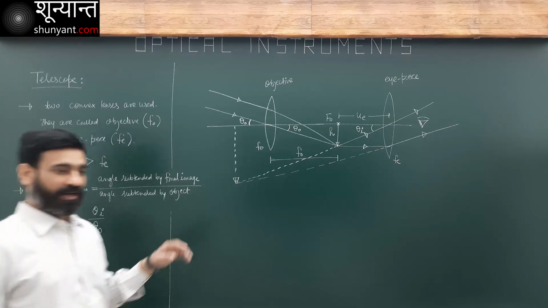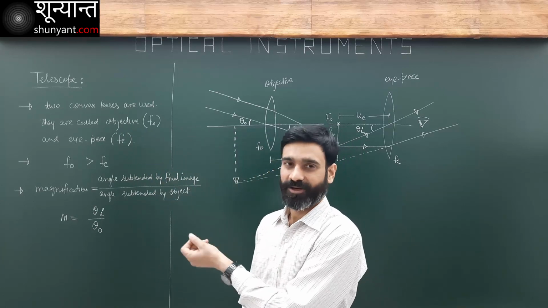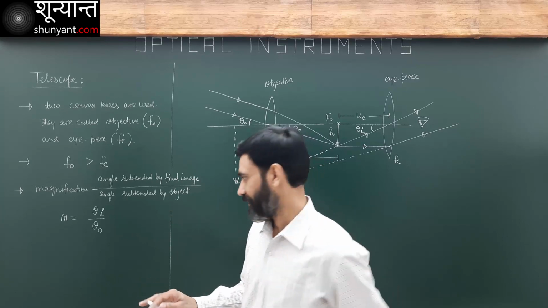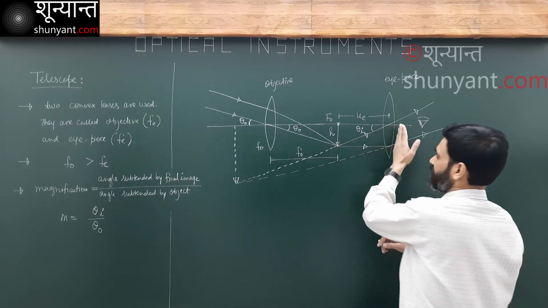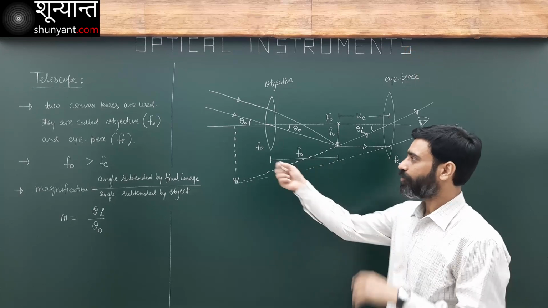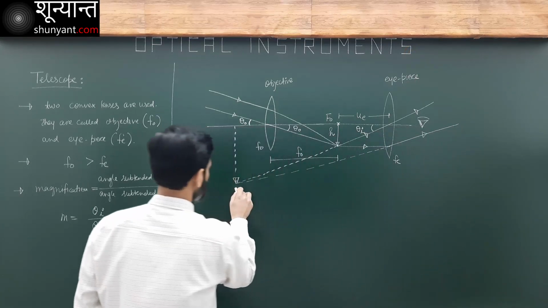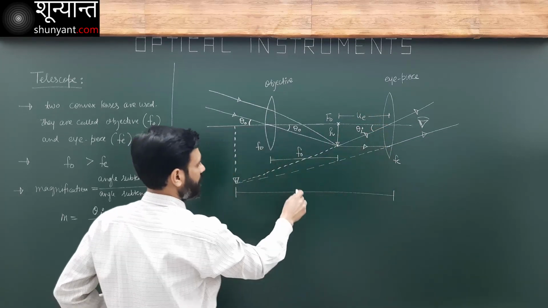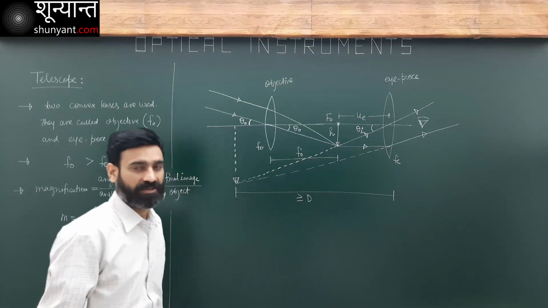It's like how we define magnification as the height of the image over the height of the object. The same thing here: angle made by the image over angle made by the object. This ratio is known as magnification. Now, this lens can be adjusted to get my image at the required distance. It can be anywhere between D and infinity, so the distance from my eyes should be more than or equal to D, 25 centimeter.